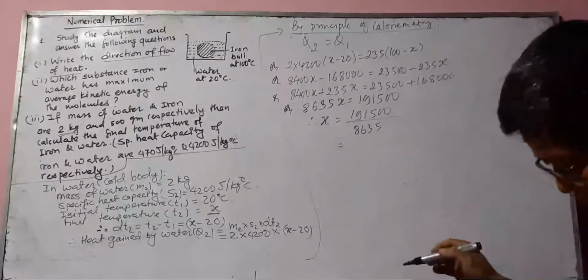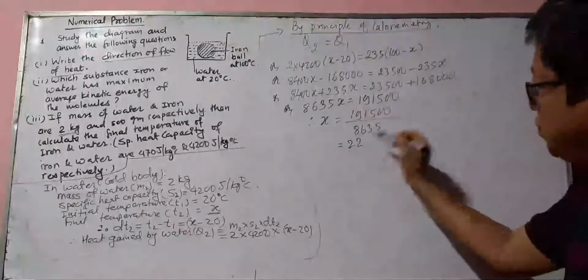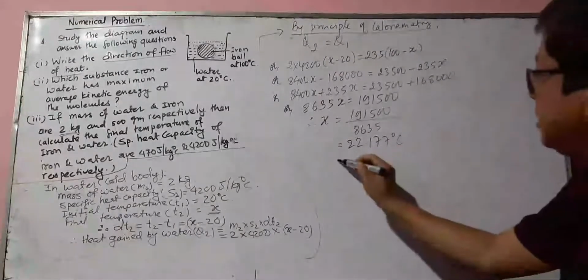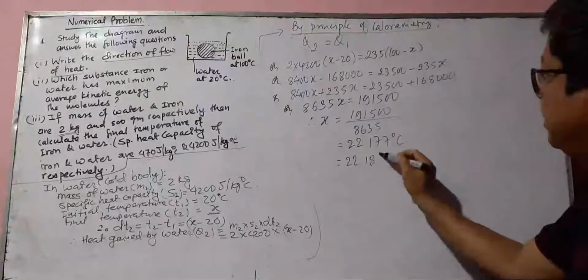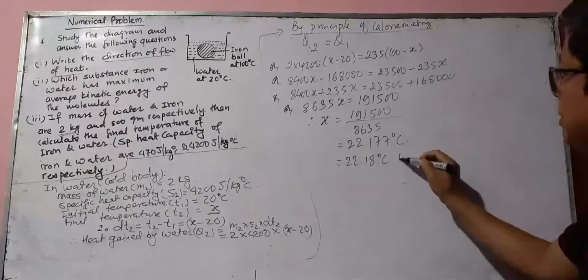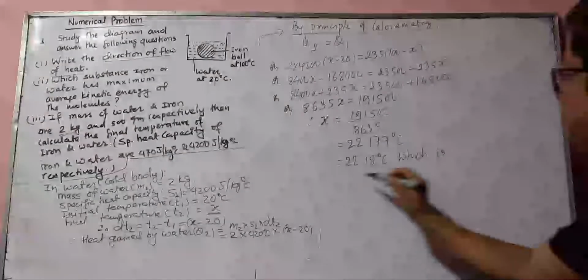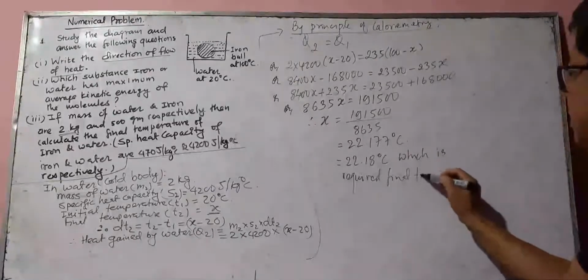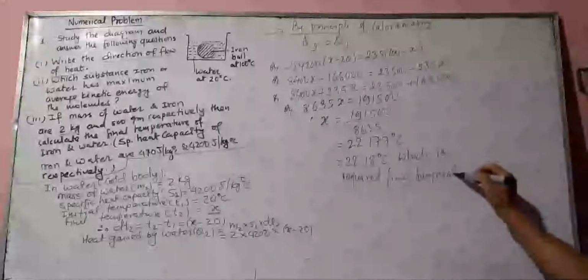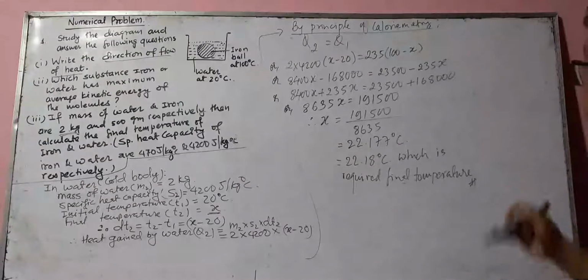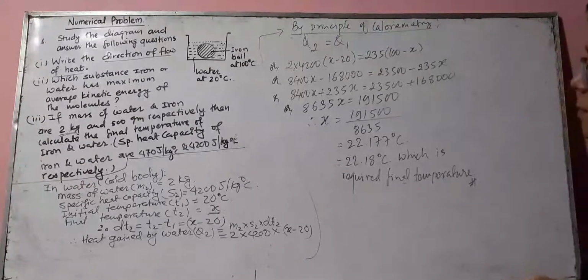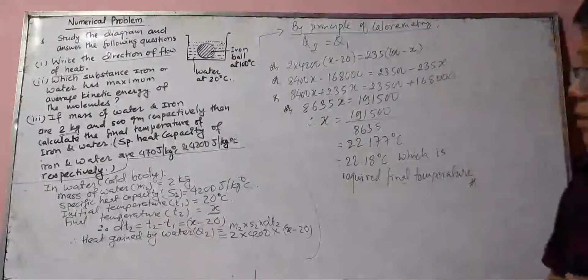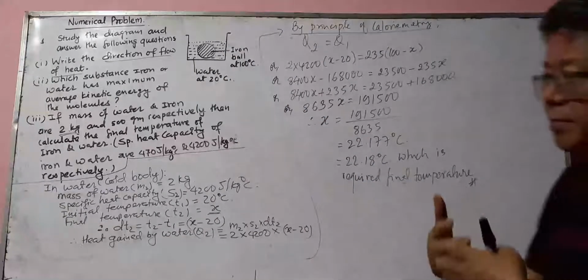Dividing this, we get 22.177 degrees Celsius, which means 22.18 degrees Celsius, which is the required final temperature. So in this way you can find the final temperature of the two bodies when they are mixed together.